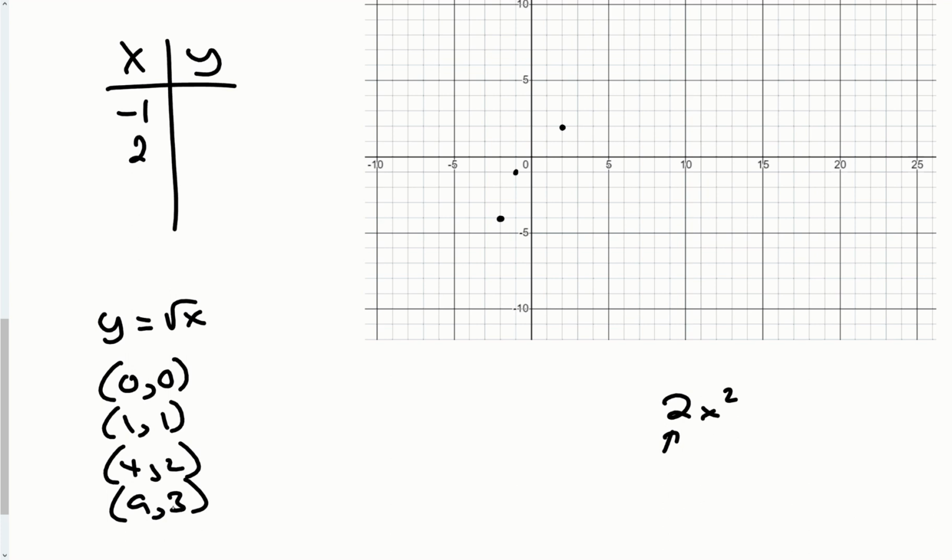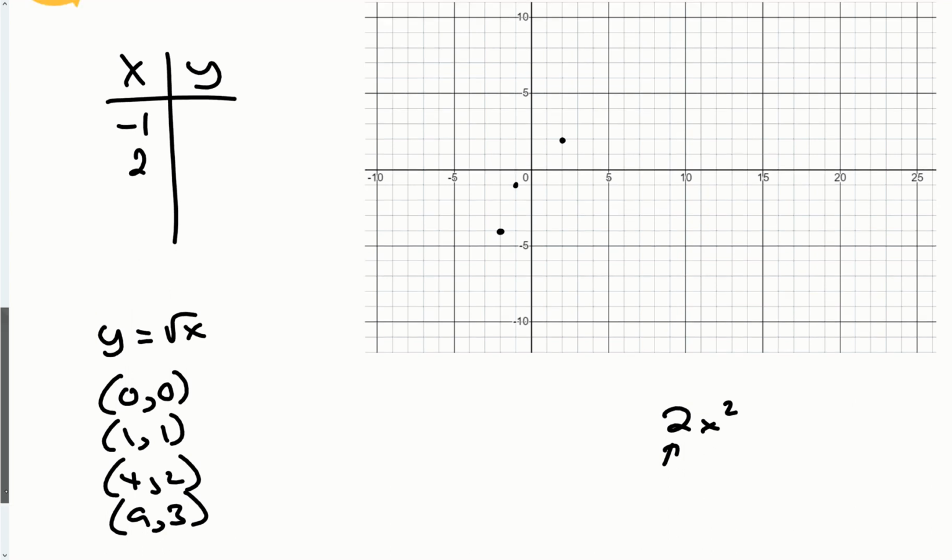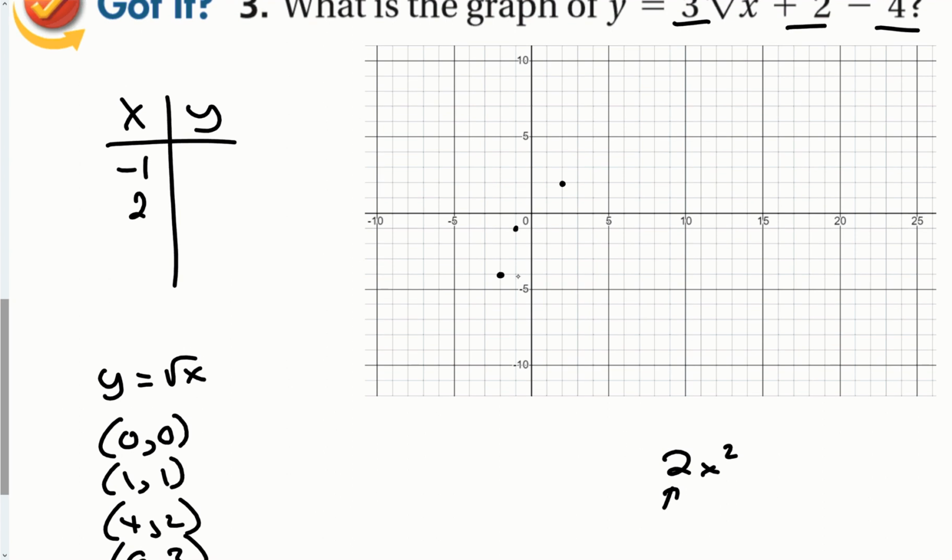These outputs are just going to get multiplied by 3. So the next one, I'm going to go 9 to the right of the starting point, and I'm going to go up 9. So we go 1, 2, 3, 4, 5, 6, 7, 8, 9. And there I'm getting my graph going sort of like this.